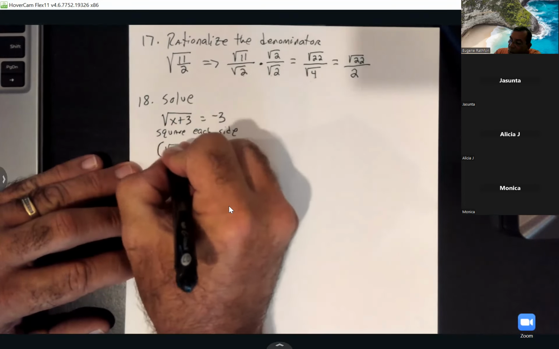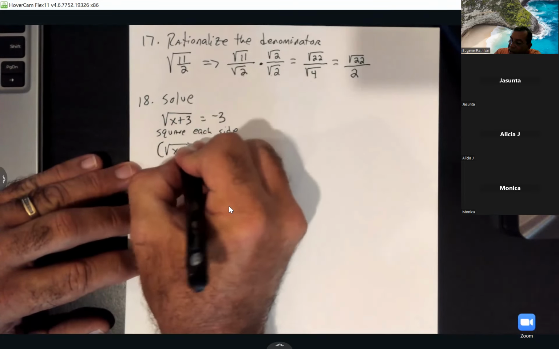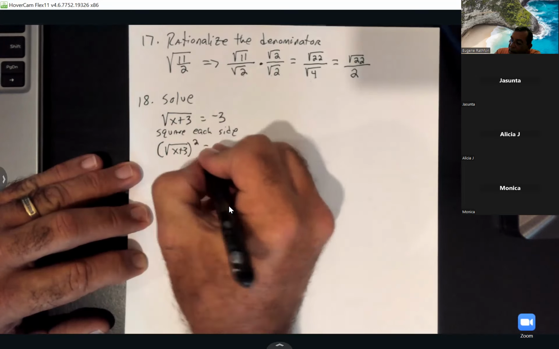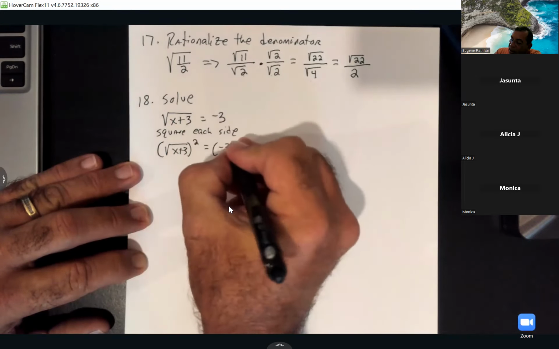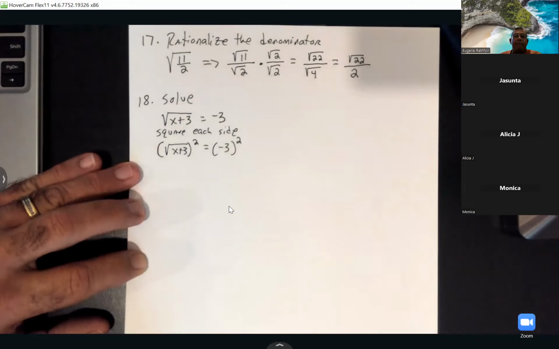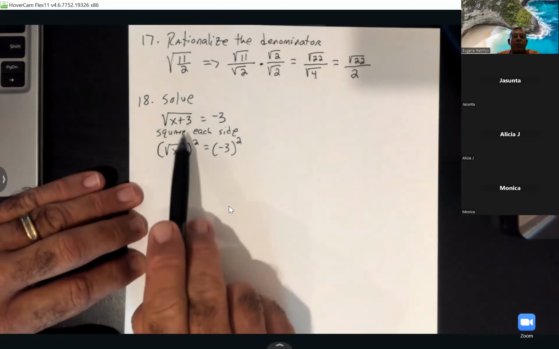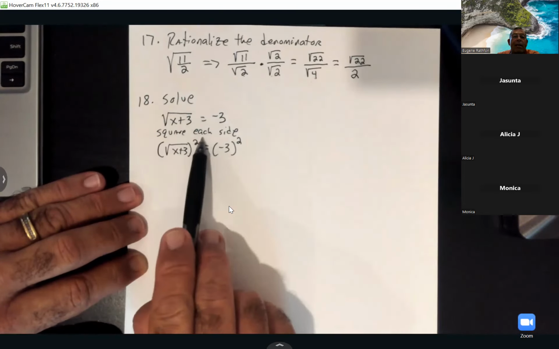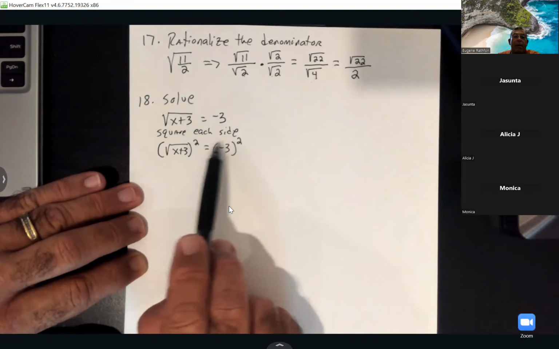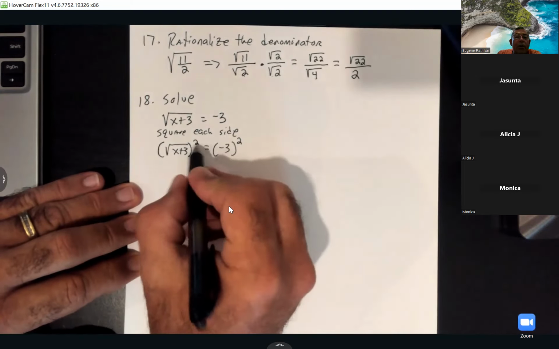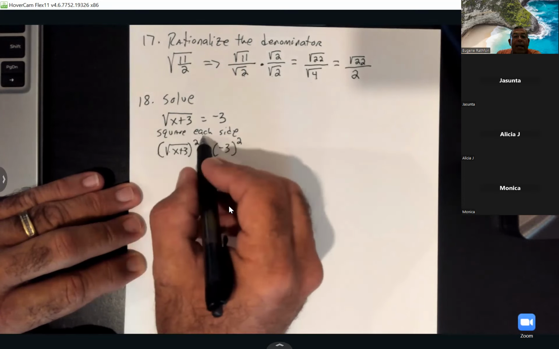So we're going to take the square root of x plus 3 and square it. We're going to take this -3 and square it. So to get rid of radicals, whatever the index is, that's the exponent you raise these to, okay? So what happens when you square a square root, the radical cancels.